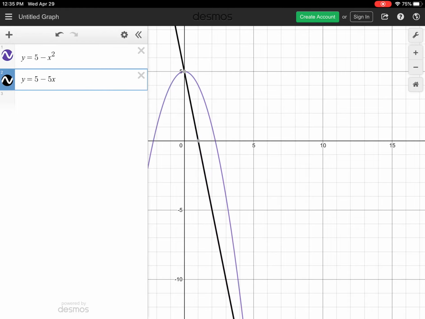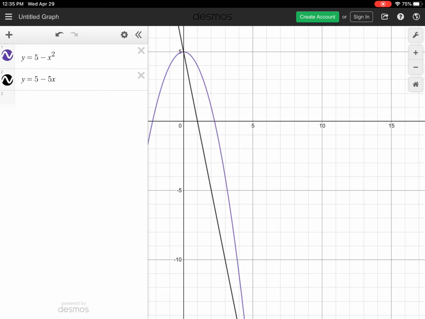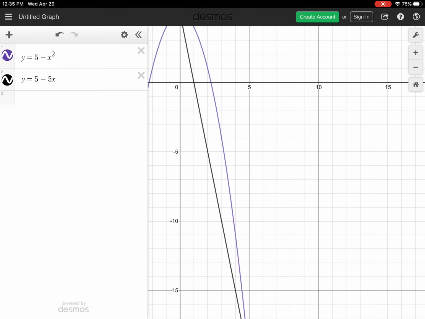So when we set up our integrand, we're going to do quadratic minus the linear because the purple line is above the black line in that closed interval. Now, before I take a screenshot of this, I'm going to change the window a little bit so that I can have it spread out.